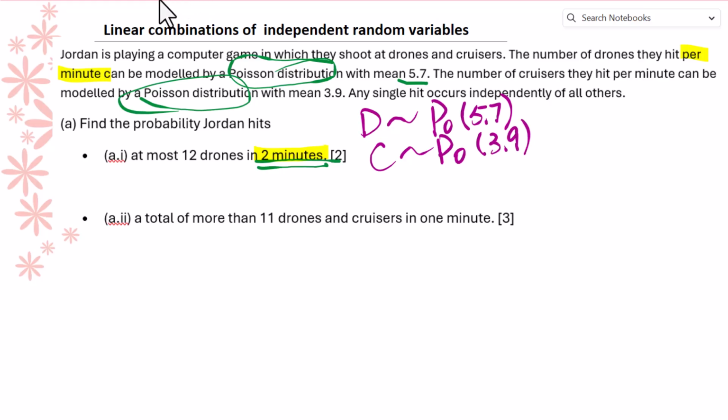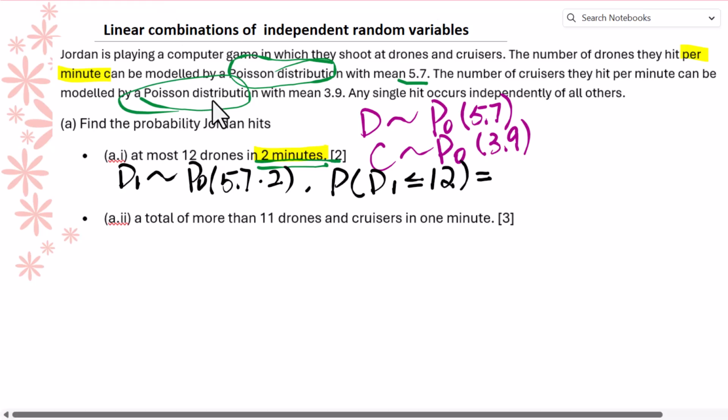Within 2 minutes, let's do D1 follows Poisson distribution with 5.7 times 2. We are looking for probability of D1 less than or equal to 12.